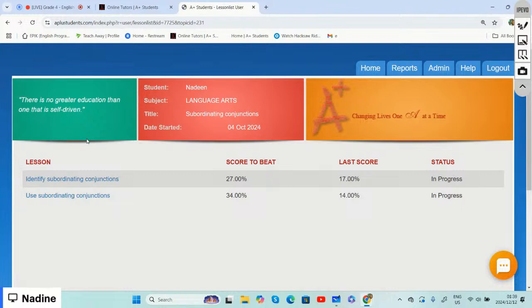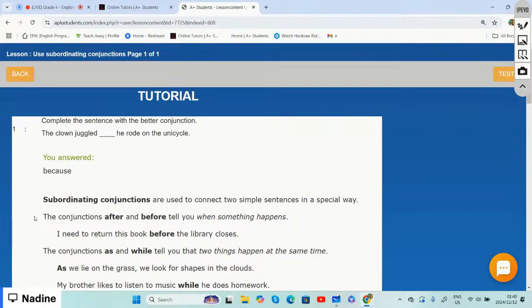All right, so we had to identify subordinating conjunctions. Now we're going to use subordinating conjunctions. All right.